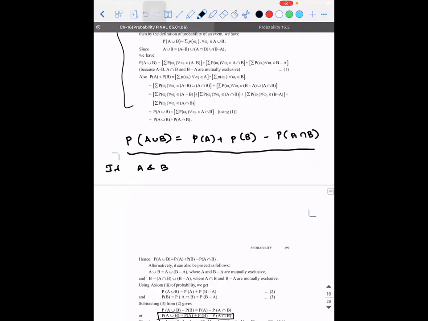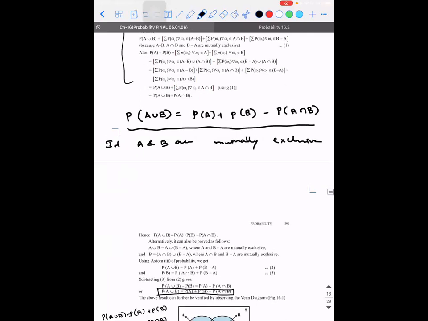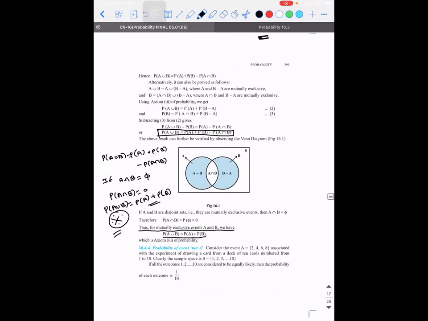If A and B are mutually exclusive, then what will happen? Probability of A intersection B will be equal to 0, which implies probability of A union B is equal to probability of A plus probability of B. Right? So this also I have explained.